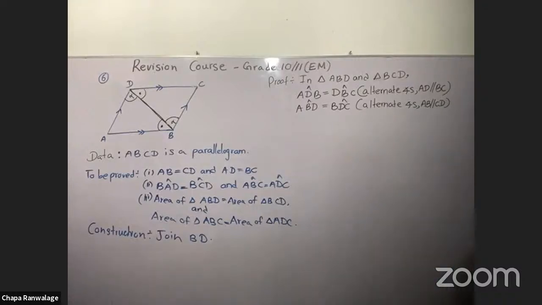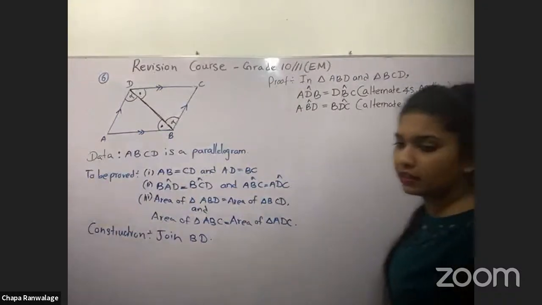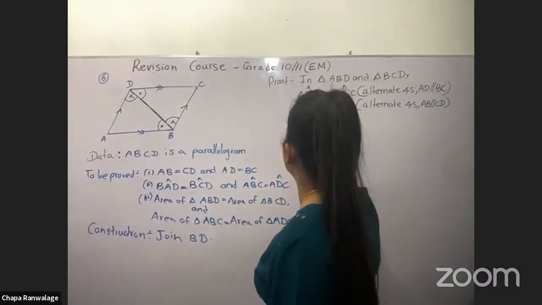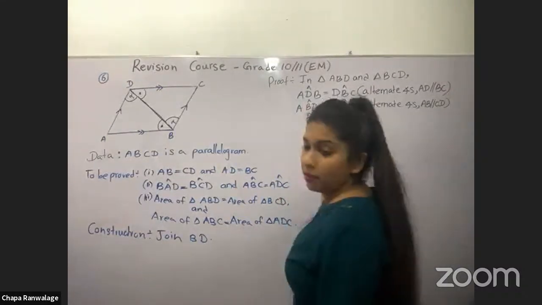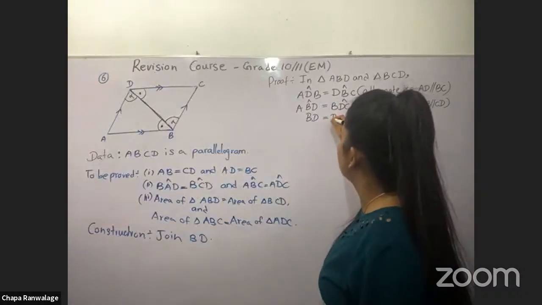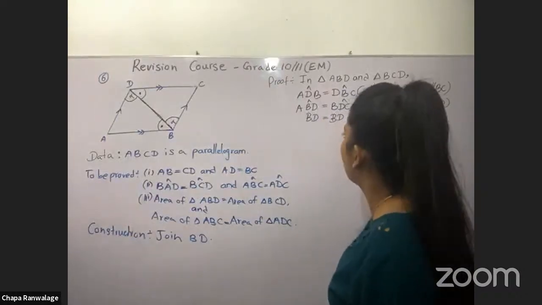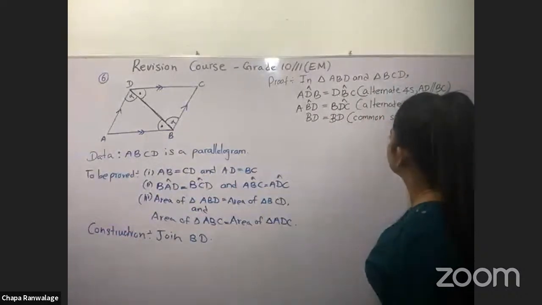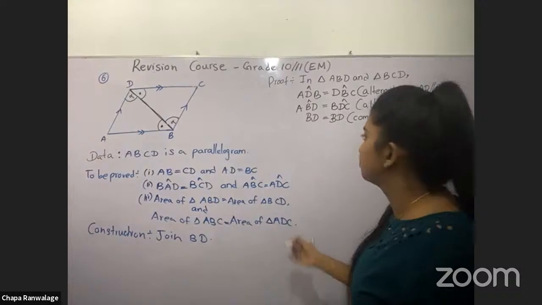Now we have two pairs of equal angles. What else? AAS side is BD. BD is the common side. Or you can say BD is equal to BD within bracket common side. Common side.